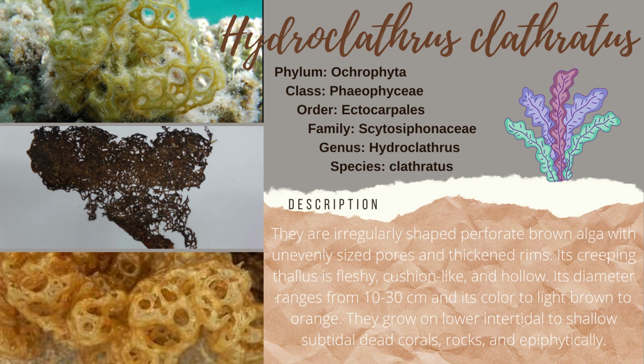Its creeping thallus is fleshy, cushion-like, and hollow. Its diameter ranges from 10 to 30 centimeters and its color is light brown to orange. They grow on lower intertidal to shallow subtidal zones, on dead corals, rocks, and epiphytically.